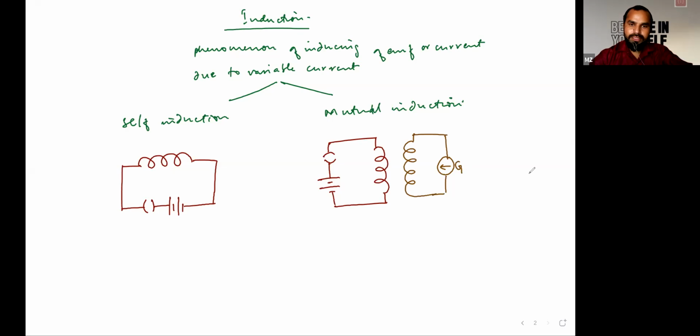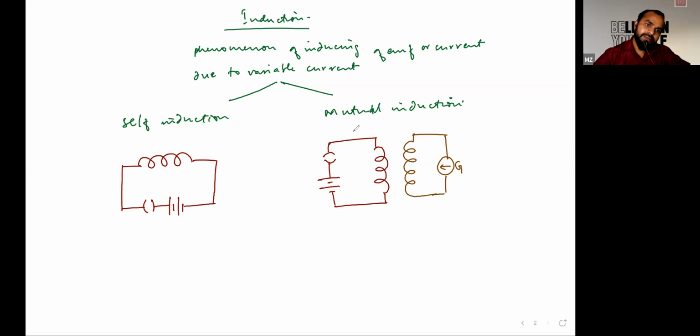In this situation, if flux is changing in this first coil, we call it the primary coil. Due to the change in this coil, there would be another flux change in the neighboring coil due to its close placement. So another EMF will be induced in the second coil due to the effect of this primary. We call this effect or phenomenon mutual induction.